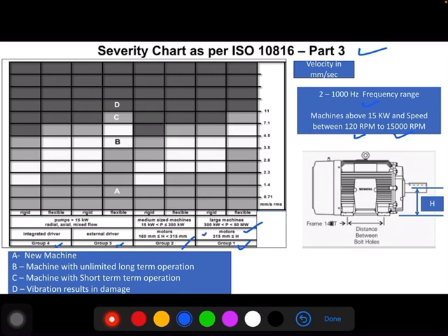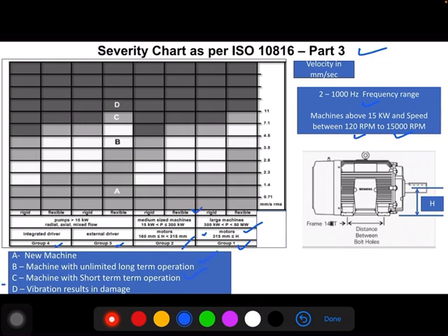If it is a large machine having power more than 300 kilowatt and less than 50 megawatt, and rigid, then you will have categories for the machines as below. A is for new machines, B is machine with unlimited long term operation, C is short term operation, and D is where the vibration results in damage.